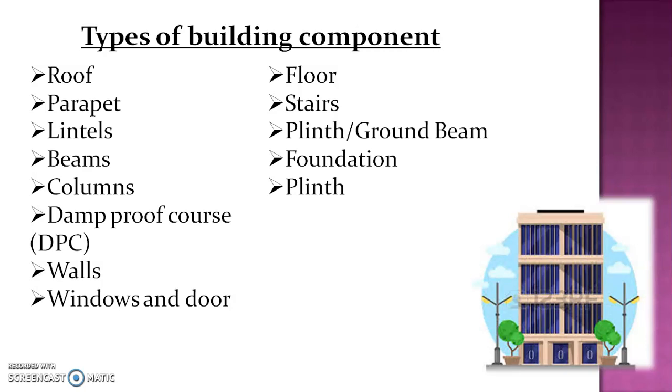Walls are generally constructed to enclose the space from outside. Along with that, walls even help us to divide the space internally. The windows and doors are used to protect us from external agencies like rain and wind. Along with that, they also let us enjoy the natural beauty surrounding the structure.